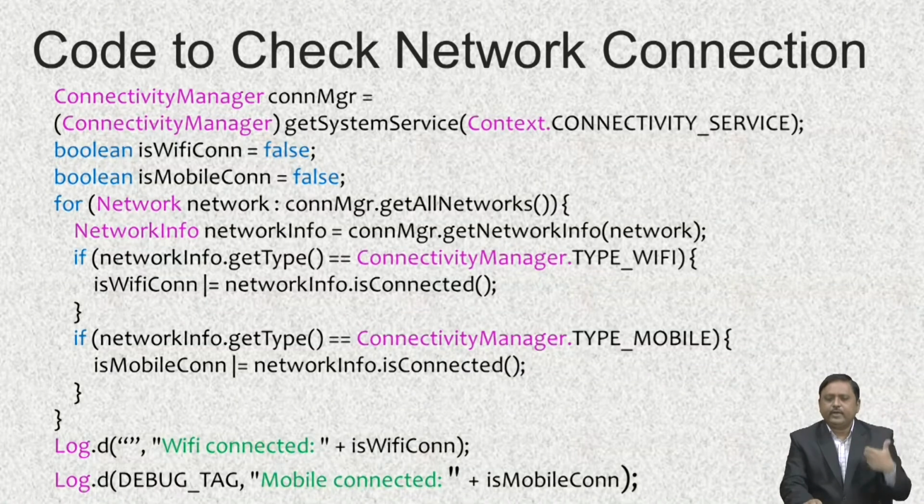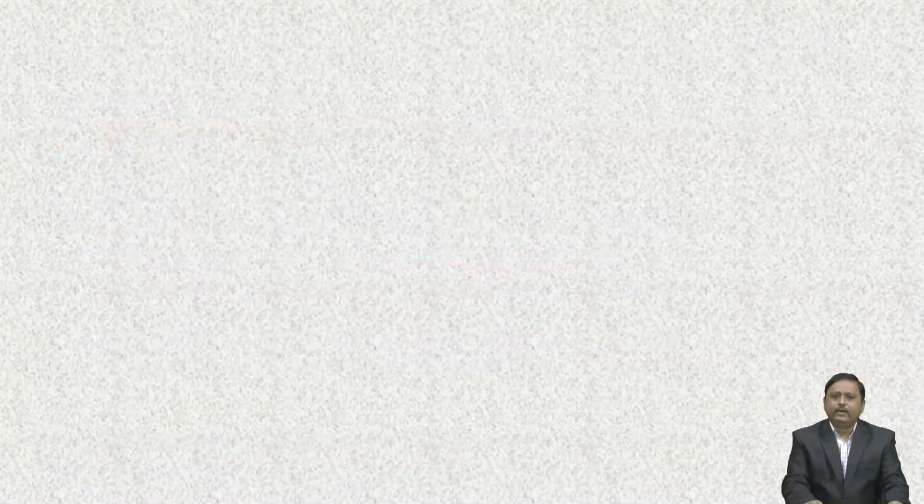So after executing this code we will get information whether we are connected to either of the networks or not at all. If both are false, that means we have not connected to any network, right? So this is how we can check network connection.